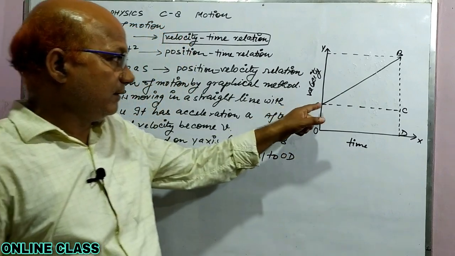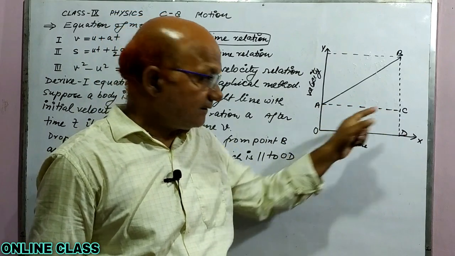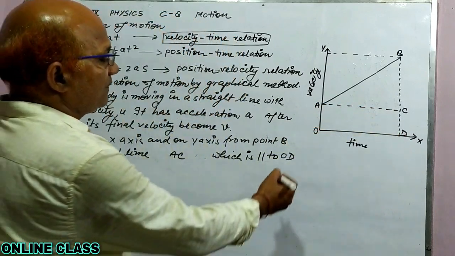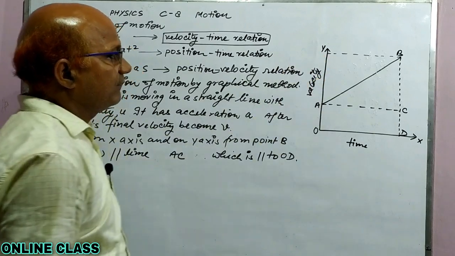We draw parallel line AC which is parallel to OD. Okay, this is our construction in this graph.